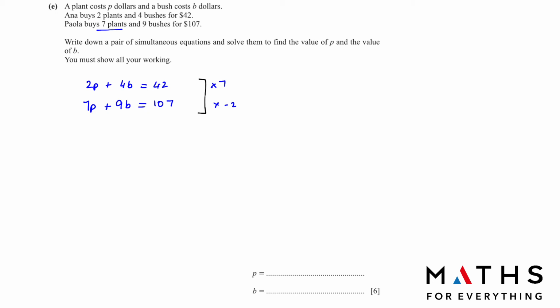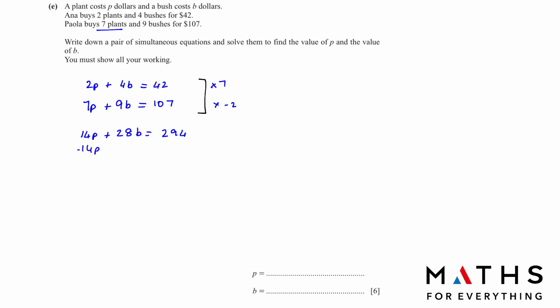So let's try. 2 multiplied by 7 is 14p, 4 multiplied by b is 28b, and 42 multiplied by 7 is 294. 7 multiplied by negative 2 is negative 14b.